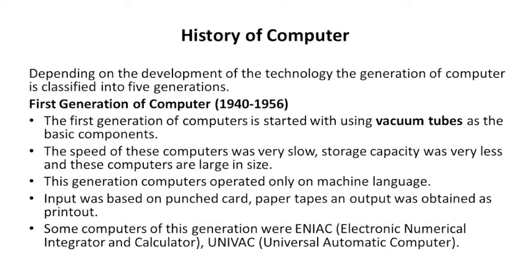This generation of computers operated only on machine language. Input was based on punched cards, paper tapes, and output was obtained as printout. Some computers of this generation were ENIAC, Electronic Numerical Integrator and Calculator, UNIVAC, that is Universal Automatic Computer.